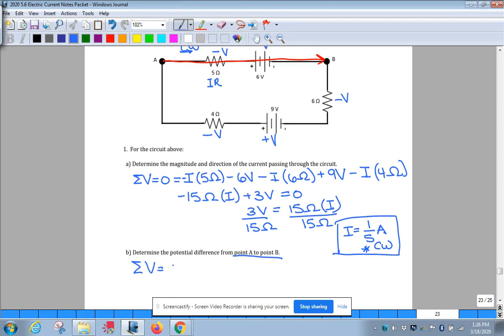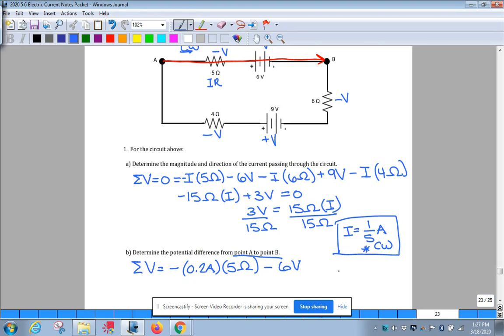So we still have one resistor with a negative potential, so it's going to be negative. Our current is 1/5 or 0.2 amps times 5. Okay, and then we're going to go from positive to negative on the battery, so that's going to be another negative voltage drop.